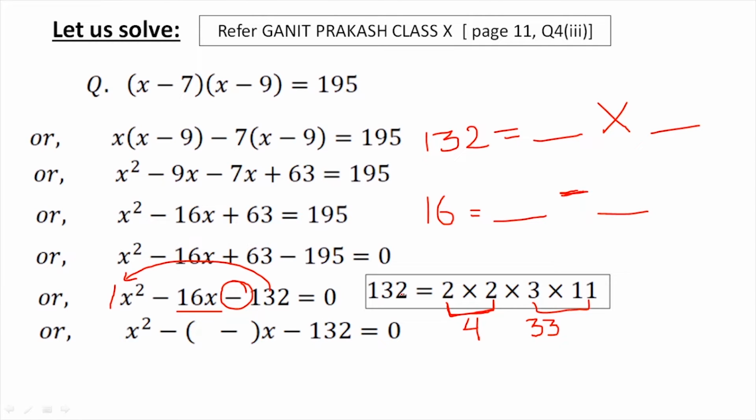Now we'll try to combine two numbers each. Combining 2 and 2, we get 4, and 3 into 11 is 33.